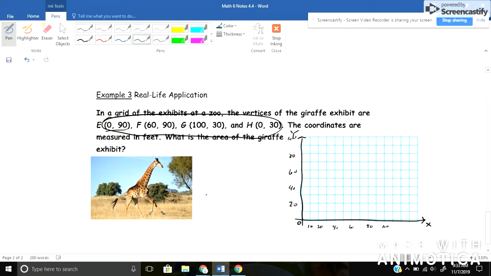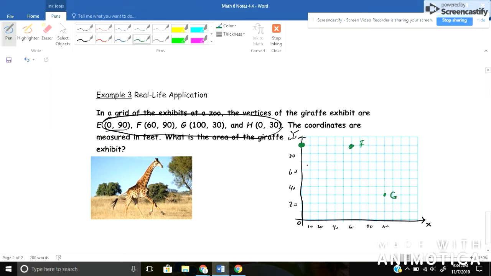So my first point is 0, 90. That means over 0, that'd be on this line, and up 90. Here's my first point. F is 60, 90, over 60, up 90. G is over 100, up 30, 10, 20, 30.